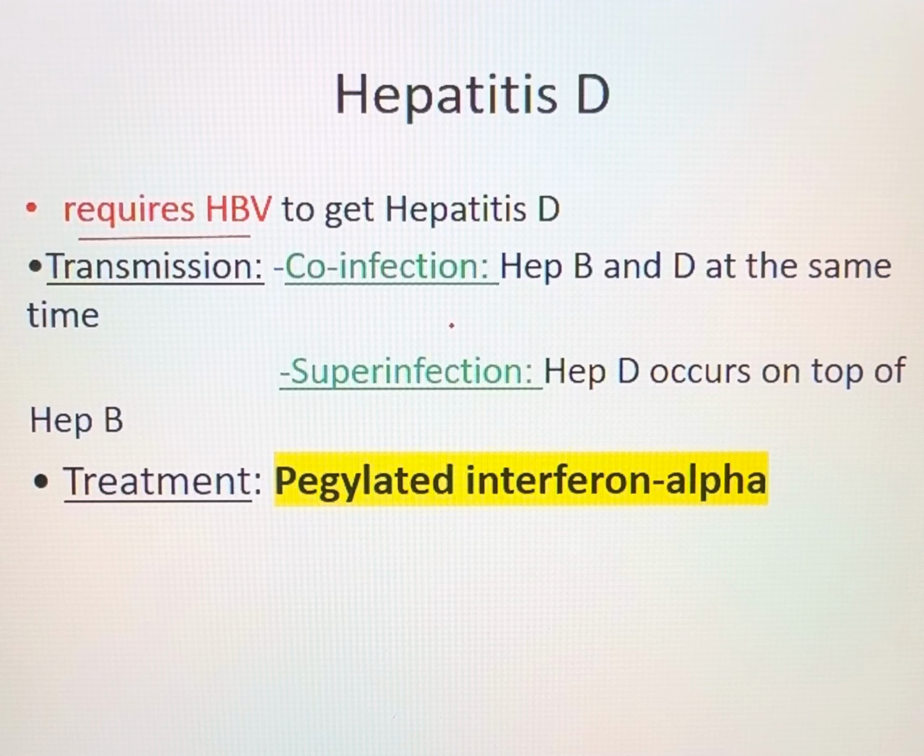Super-infection means that the patient has hepatitis B, and on top of that, you get hepatitis D. These are the main points about hepatitis D, but for treatment, there is a drug called pegylated interferon alpha. If you want, you can remember this drug for your own knowledge, as it can be asked in some exams.